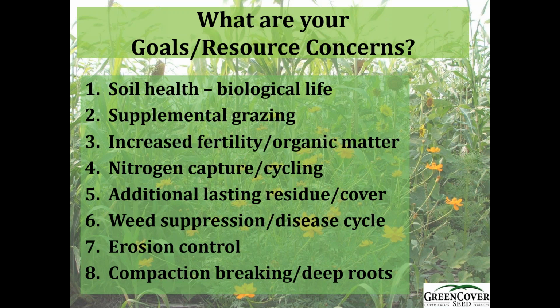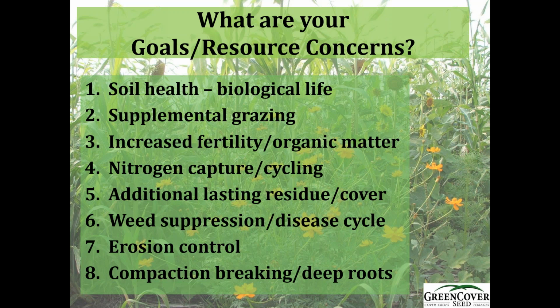Now, I know that the temptation is to say, well, I want to do all those, and isn't that the way we are? We want it all. And oftentimes we can accomplish multiple goals, multiple resource concerns at the same time, but you're not going to be able to accomplish all of them. For example, if we want to have long-lasting residue, that goal is kind of opposed to having lots of nitrogen production from a legume.